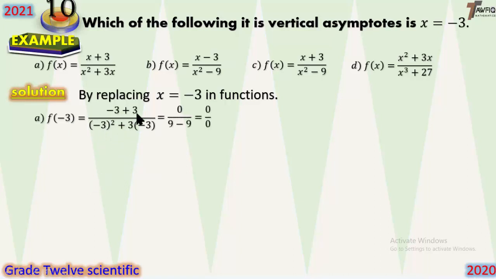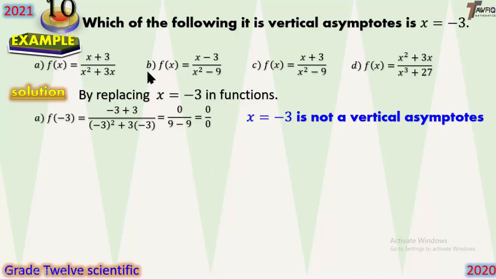Minus 3 plus 3 is 0. Minus 3 squared is 9. 3 times minus 3 is minus 9. 9 minus 9 is 0. As you can see here, the result is 0 over 0. Therefore, x equals minus 3 is not a vertical asymptote.